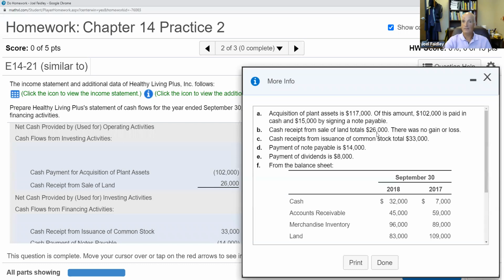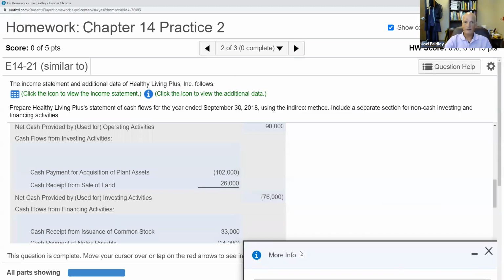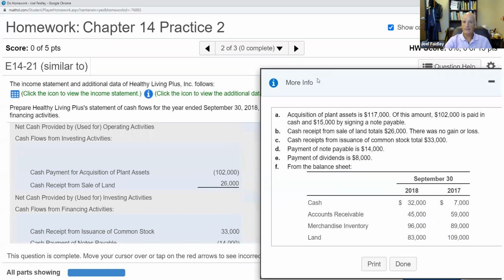Then that's going to be what? That's an asset going down. Your long-term asset went down. Cash went up, but that's what we're trying to explain. You're just looking at the side that's impacting cash. So land went down because I sold it and brought cash in. All right, and so that gives you $76,000 for the investing section.